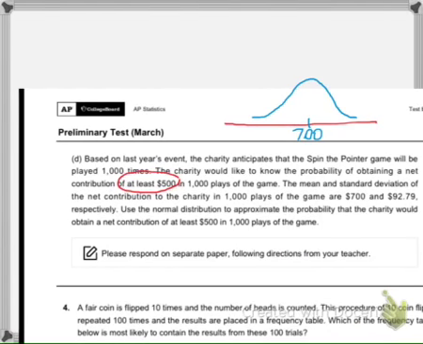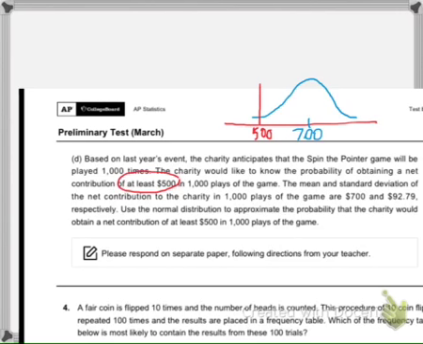The last part of question 3 asks for a probability calculation of at least 500. So let's take a look at where that would fall on the curve. We've got a mean of 700, so 500 is going to be out here, especially since I know my standard deviation is about 100. This is about 2 standard deviations to the left. Exactly how many standard deviations?